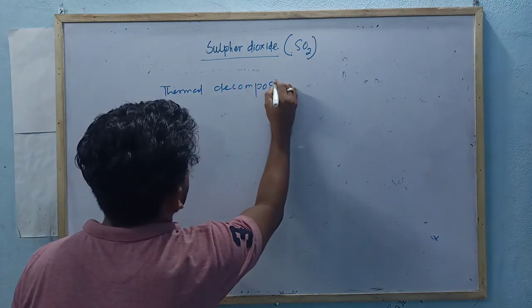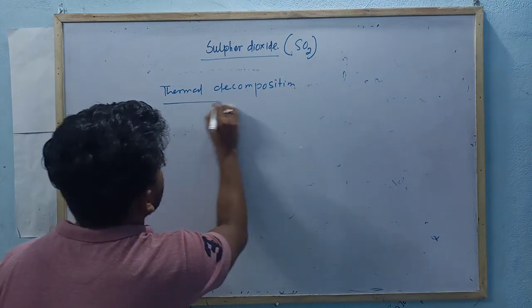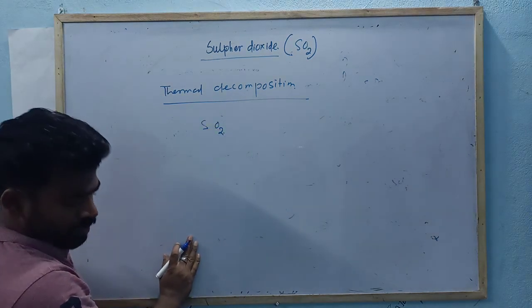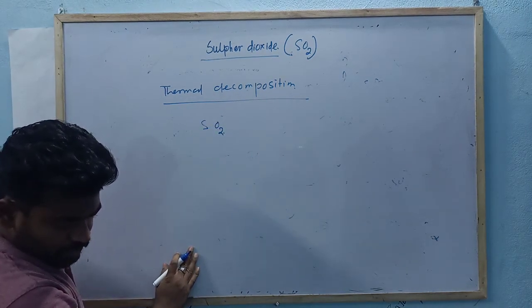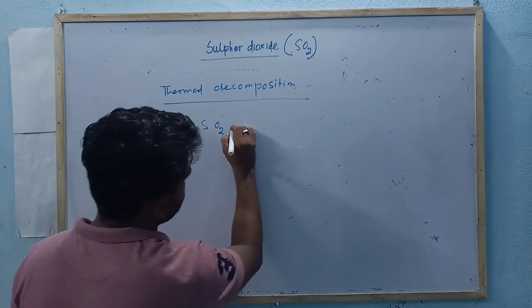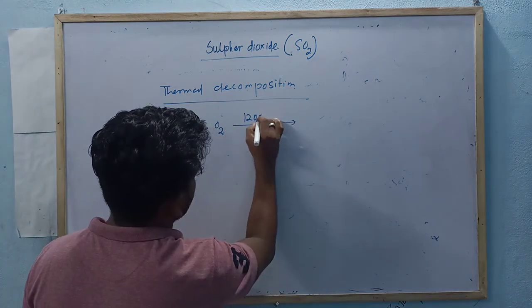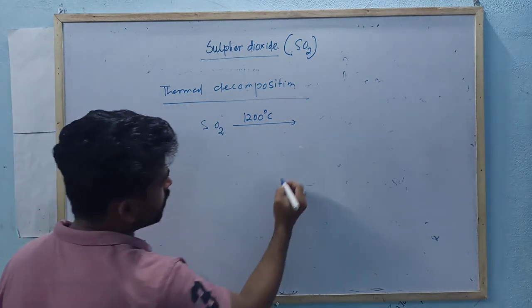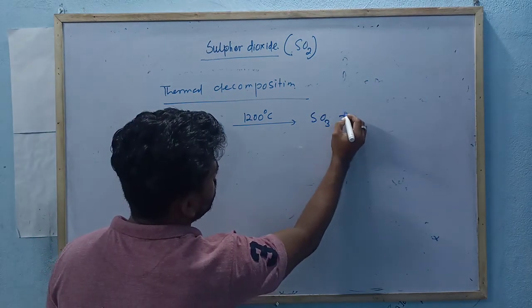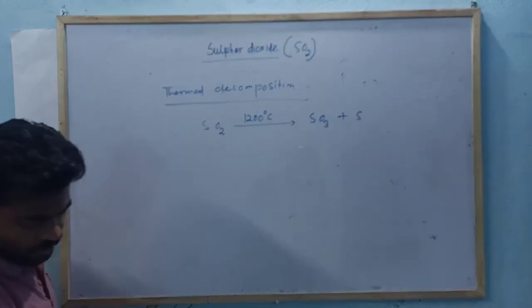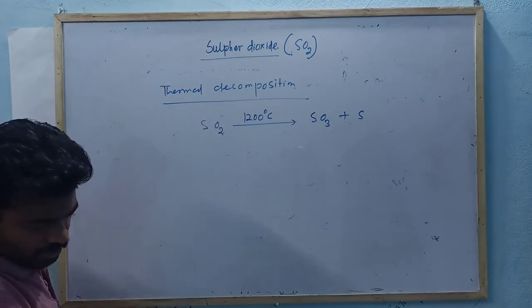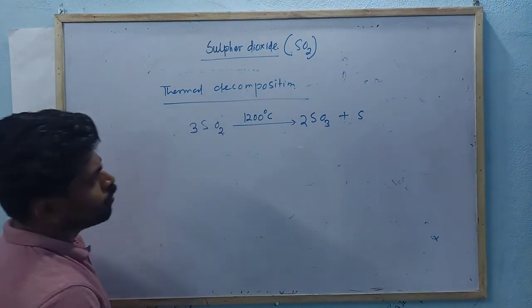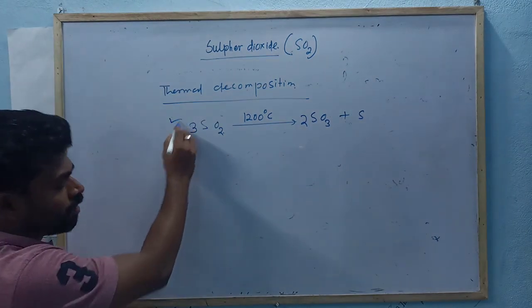Generally sulfur dioxide undergoes strong heating, near about 1200 degree centigrade. Then the sulfur dioxide is converted into sulfur trioxide plus sulfur. So this one is 3 over 2, so 2, 3, 3. This is the equation.